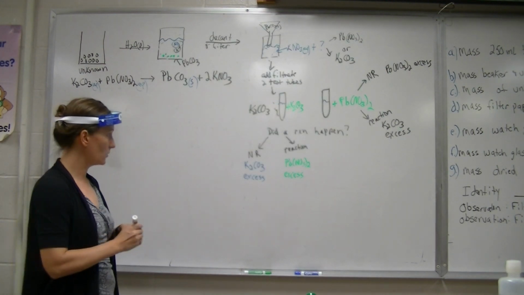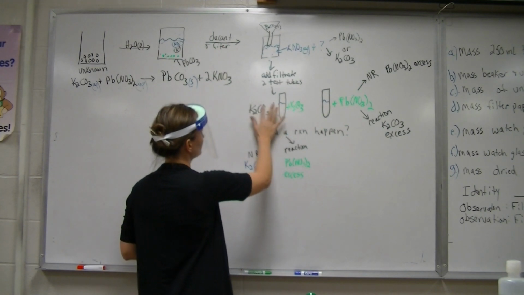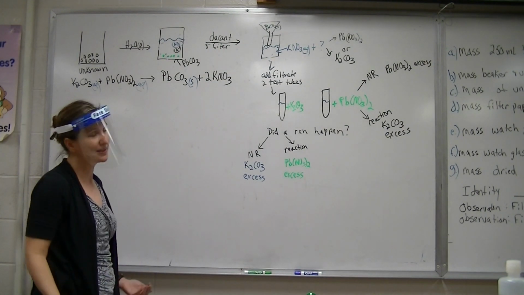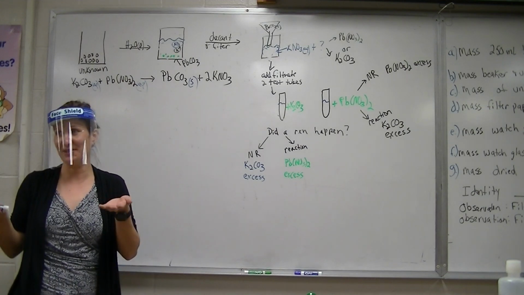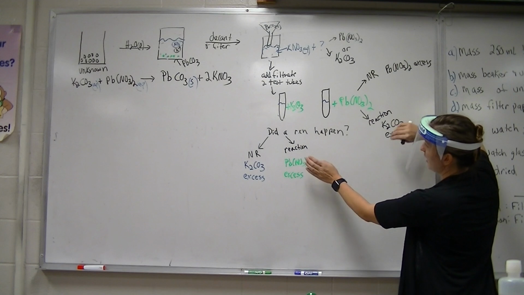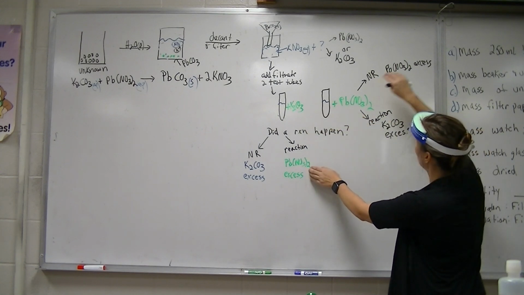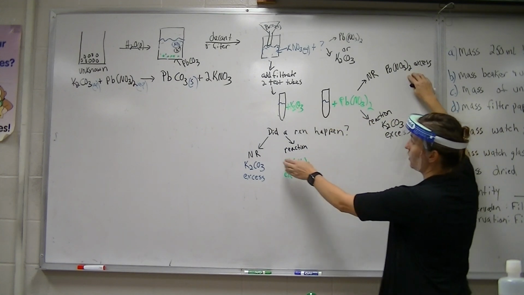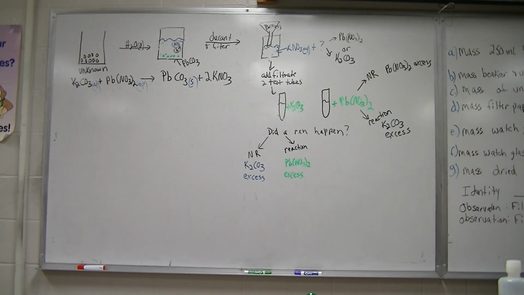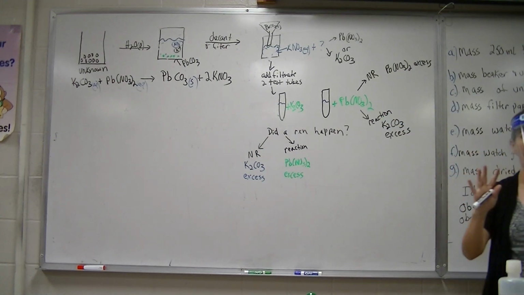Okay, so you're doing that to both test tubes, hoping to get the same results. You should get the same results in both test tubes, right? Either you'll see a reaction here and no reaction over here, or no reaction, reaction. So you shouldn't see a reaction happen in both. Something went wrong, or you added the wrong reagent, or something like that.